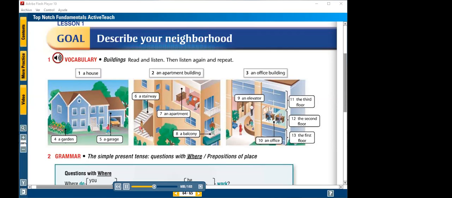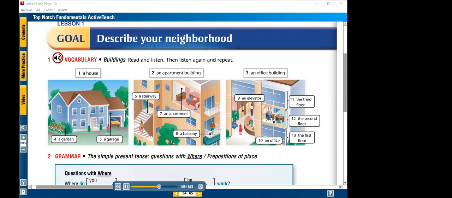A house. An apartment building. An office building. A garden. A garage. Stairway. Apartment.